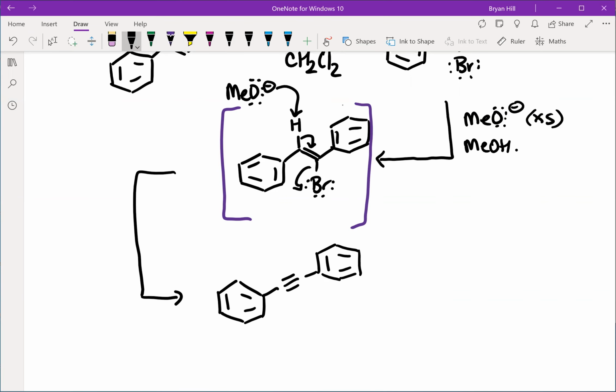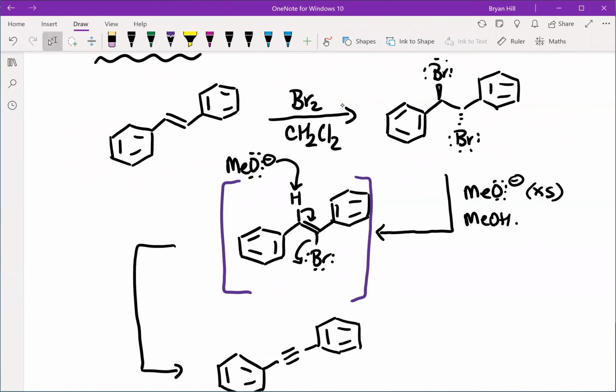So we've made it from a dihalide, and the bromines are on carbons that are next door to one another. So specifically in this case, a 1,2 dihalide. This was carbon 1, this would be carbon 2.